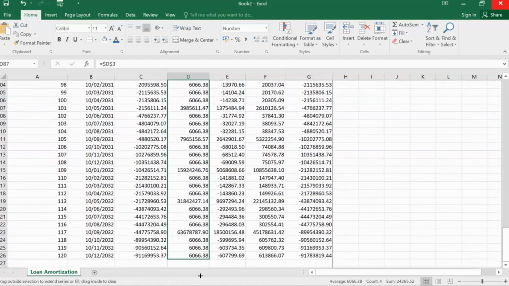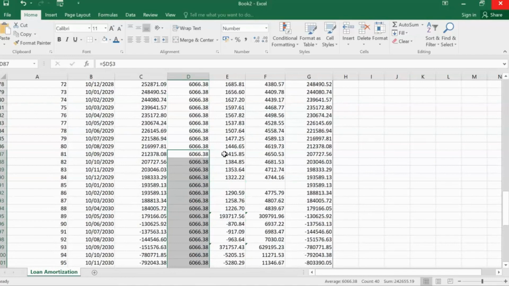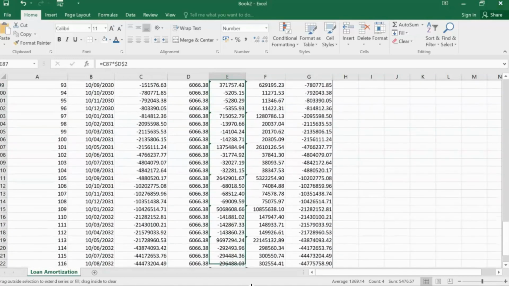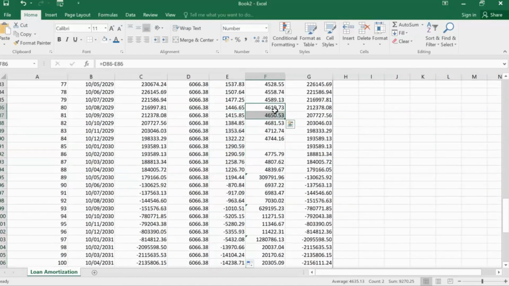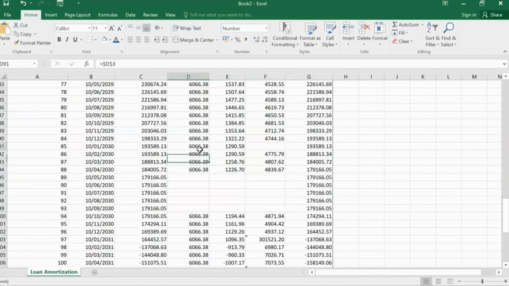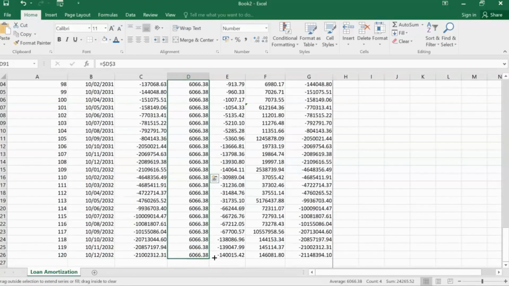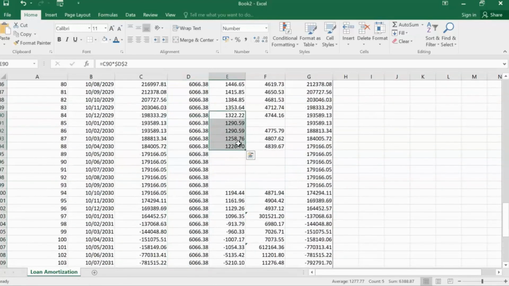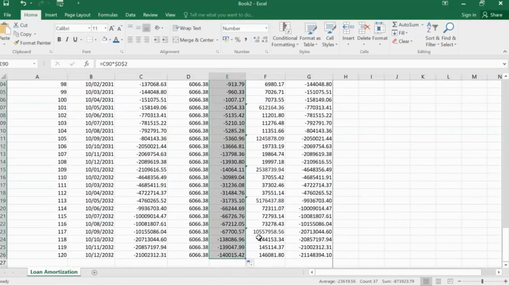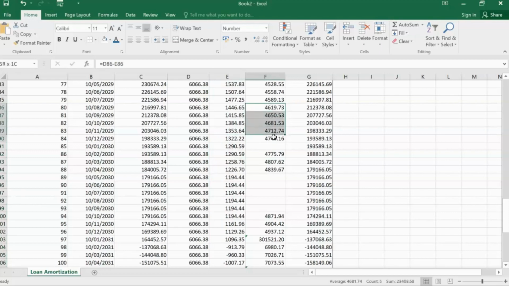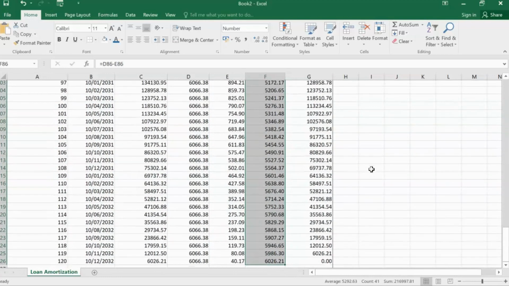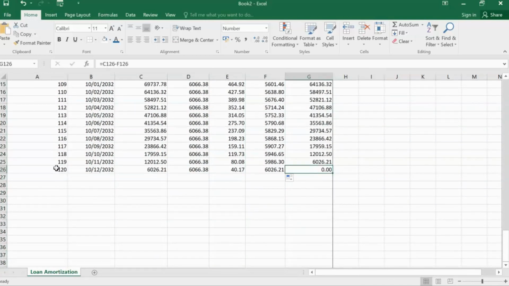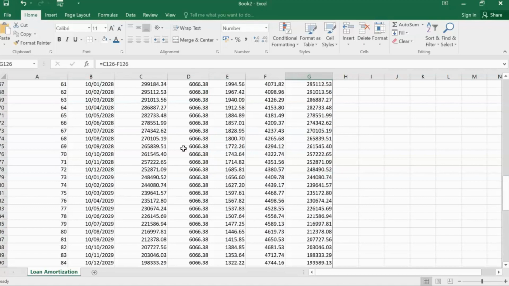So just drag and you will have the results for every entry that you will make. So it's ready, 120, and the ending balance is 0.